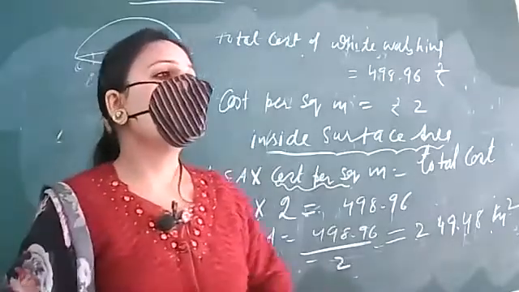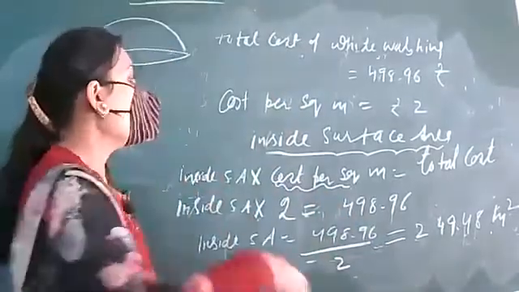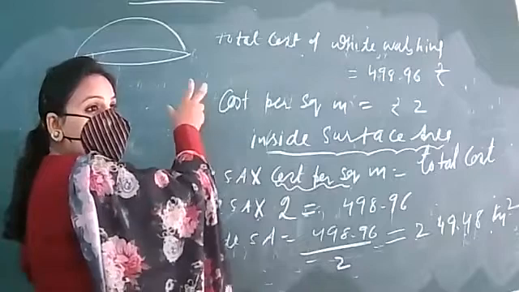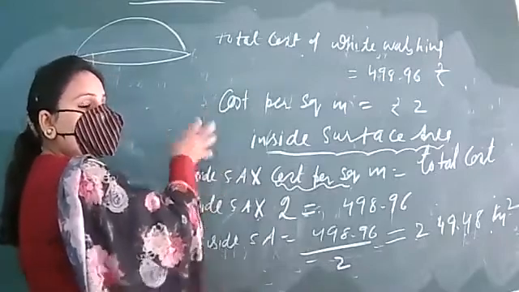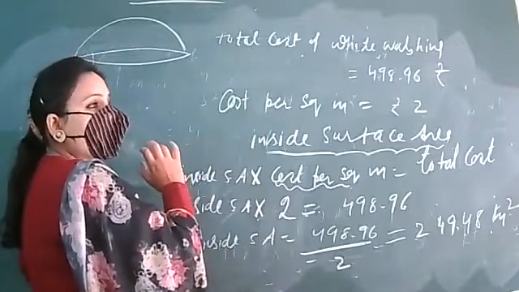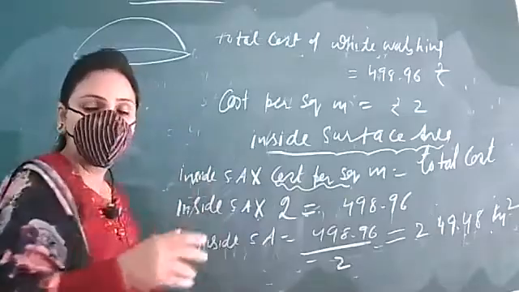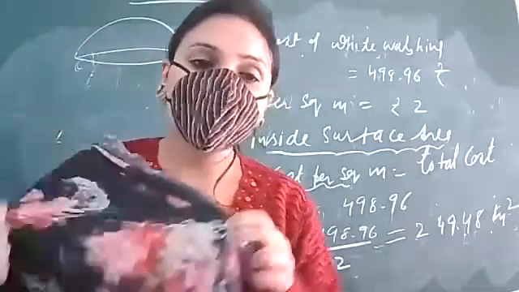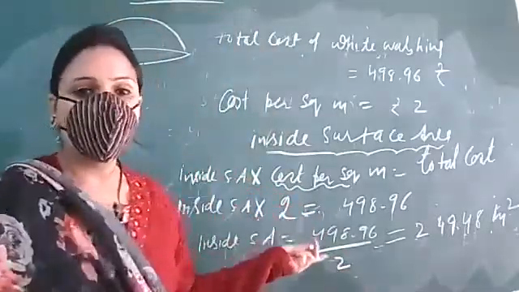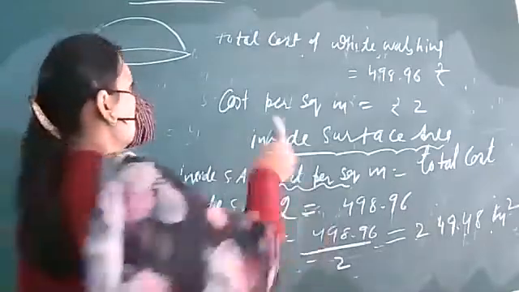You might remember that when we were doing the congruency chapter, I told you that whenever there are 3 questions in a sequence, the second one is followed by the first and the third one is followed by the first 2. That means when we are doing the second one, we can take the help of the first one, and when we are doing the third one, we can take the help of first and second, right? Same we will do here. So by using the first, whatever we have proved, inside surface area, we have found out. From here, we will find out the radius. Let us start.